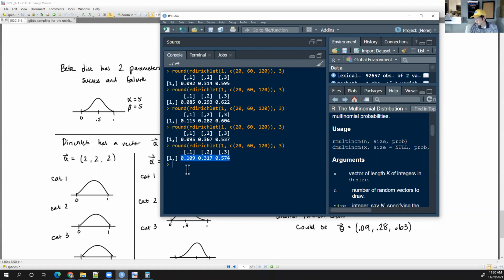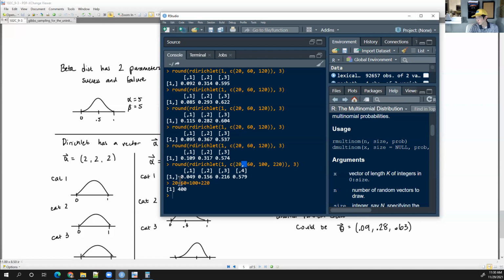And so, you know, if I could continue this, rather than 20, 60, 120, we could do 20, 60, 100, and 220. Okay, and so 20 plus 60 plus 100 plus 220 adds up to 400.